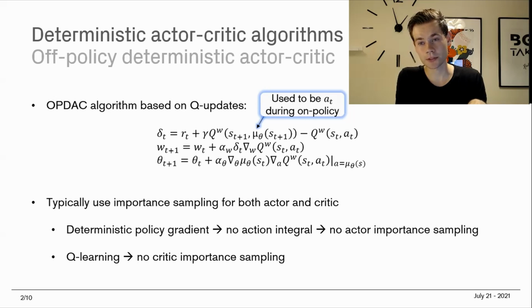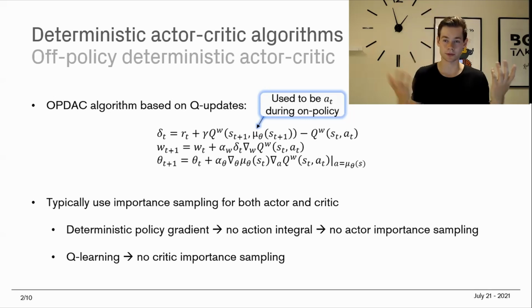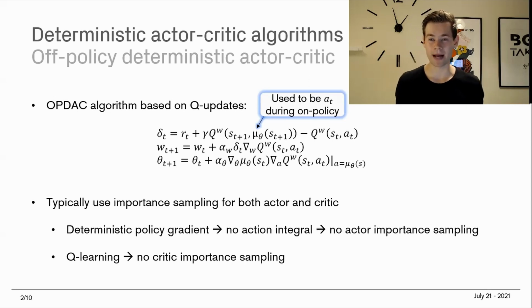So even if you integrated over all the actions, the integral would simply be a delta function, a point mass. So you don't need that action integral, and therefore no actor importance sampling. Also, because we're using Q-learning here, there is no critic importance sampling required. So for this algorithm, you would actually be fine without using it.